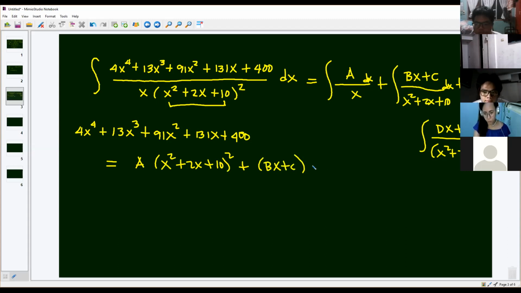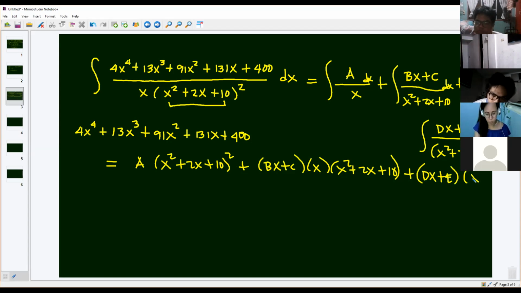And then, of course, isang x at isang factor ng x squared plus 2x plus 10 at si dx plus e na quantity, at, of course, naka-multiply siya by x na lang. So there, ang pwede lang natin gamitin, the value is that x is 0. If x is 0, everything is 0, 400.